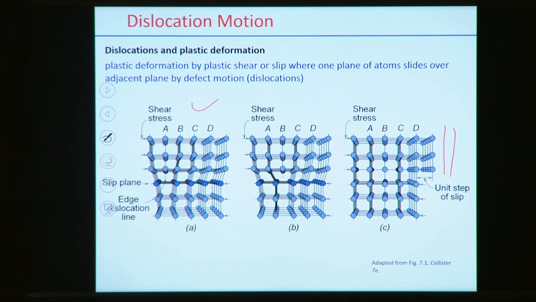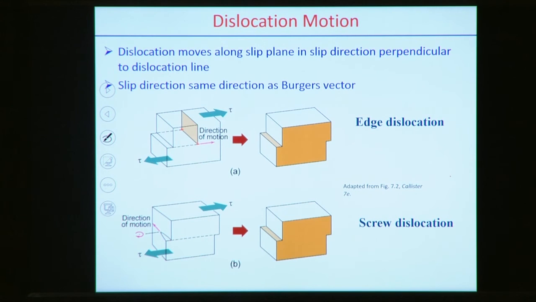That means the dislocation moves from plane A to plane B, gradually to C, gradually to D, and finally it comes out. So the slip mechanism is explained through the movement of the dislocation, and finally it produces the unit step of slip. Let us look into further explanation of dislocation motion.